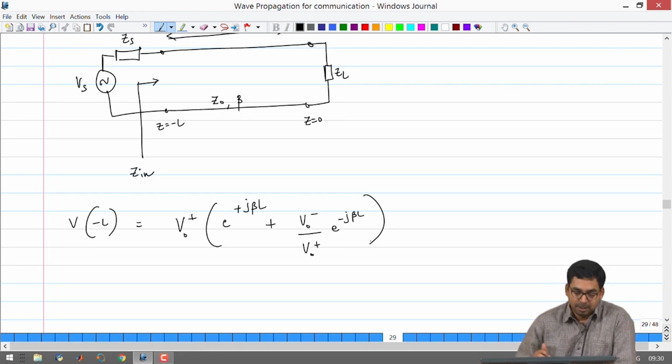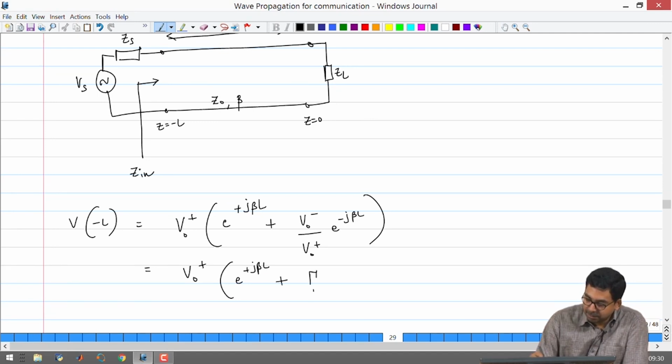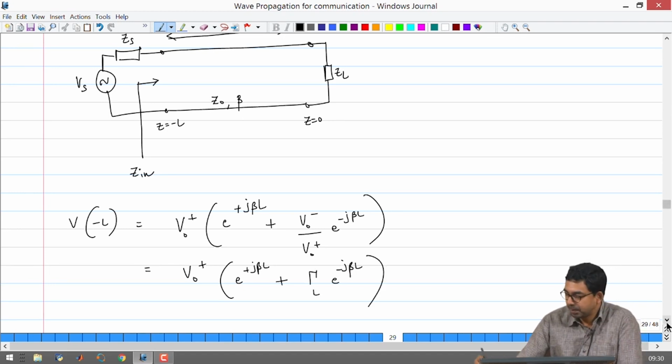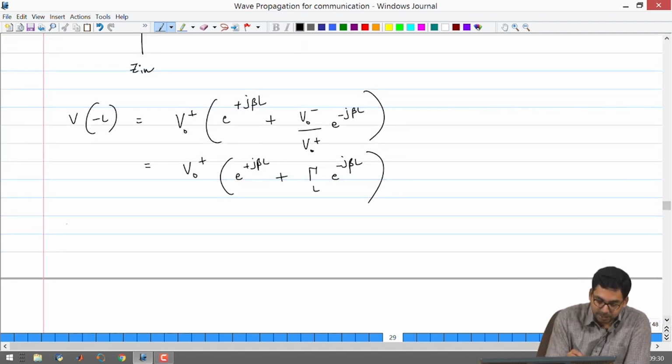I could write this more clearly as V naught plus times e to the plus j beta L plus gamma L e to the minus j beta L, where gamma L is the load reflection coefficient.